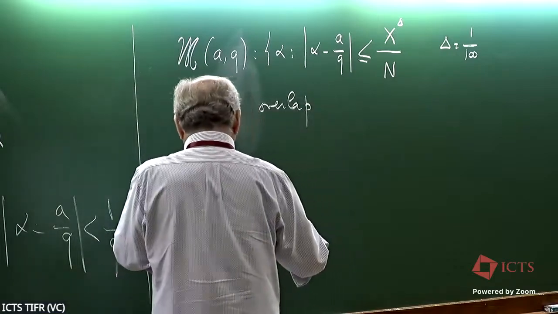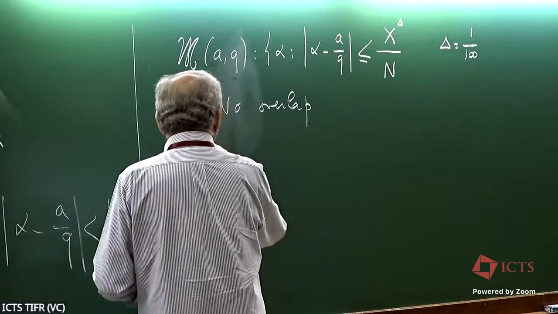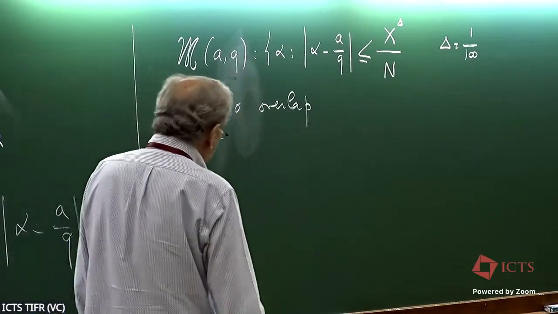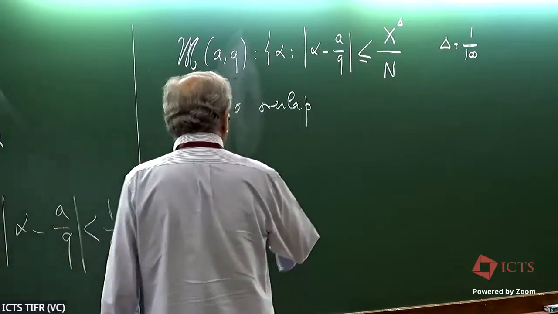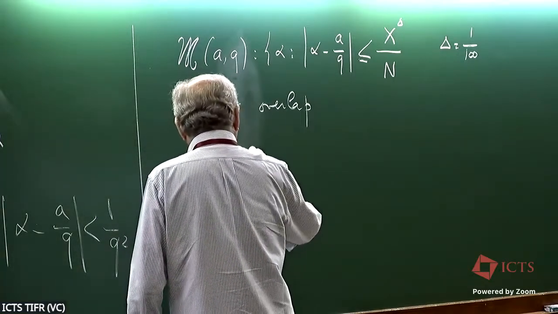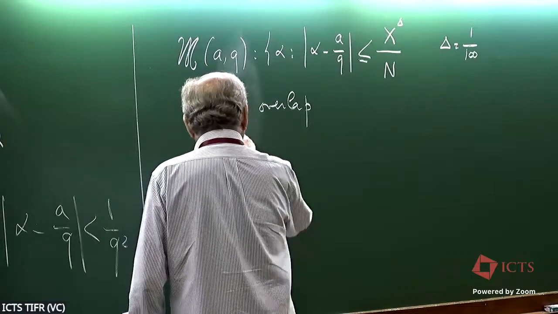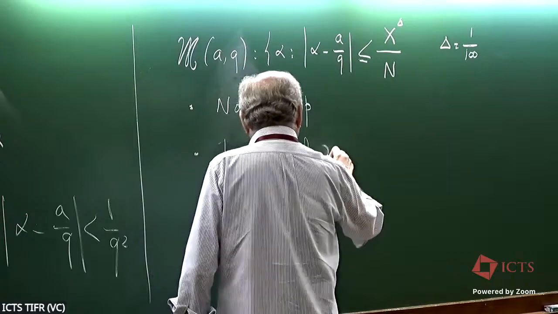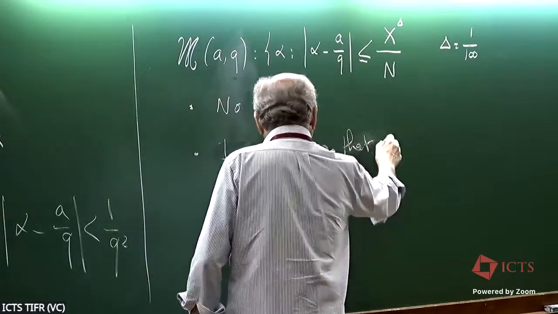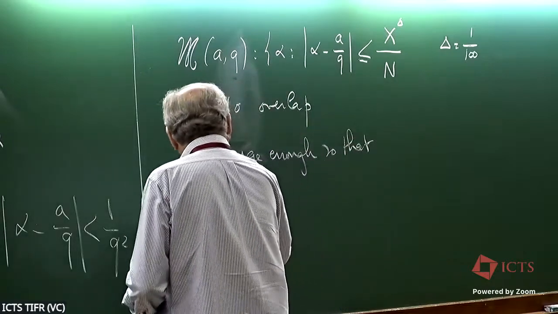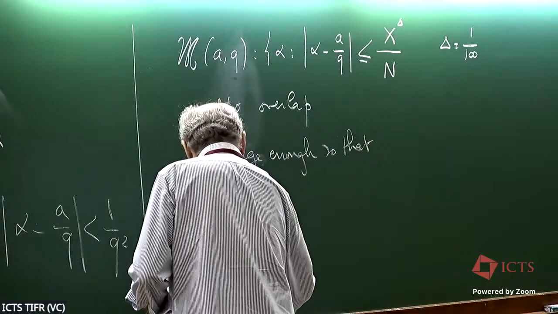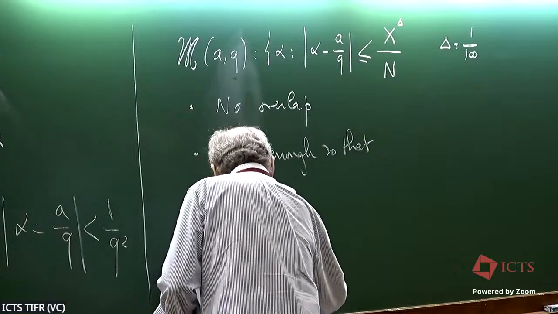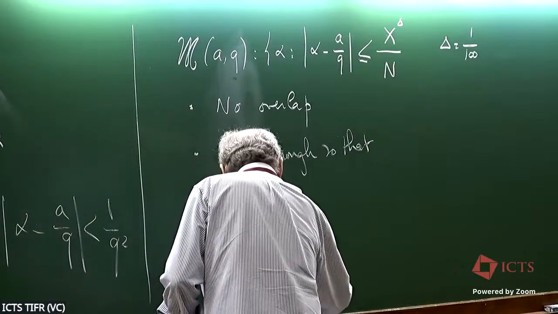And another thing, of course, is that you should be able to say that there should be enough, large enough, so that the sum over M, that is to say, let us have the union of the major arcs of interest.